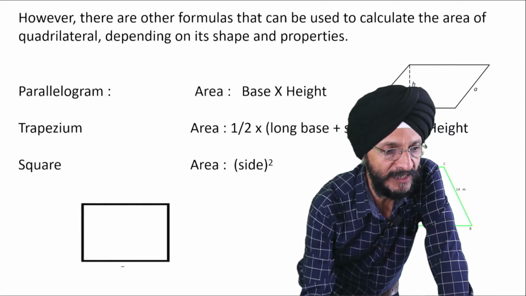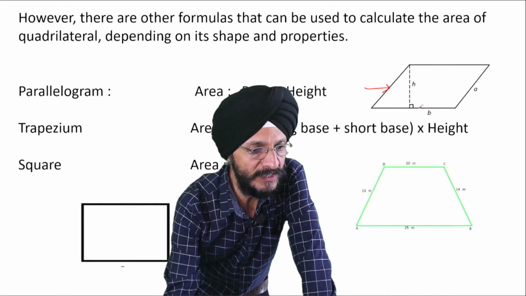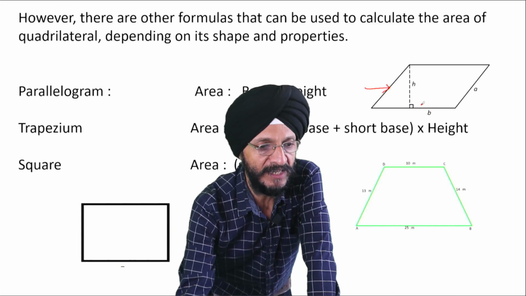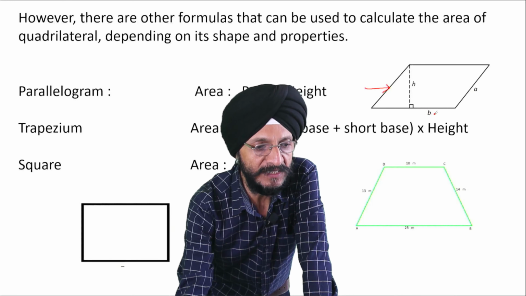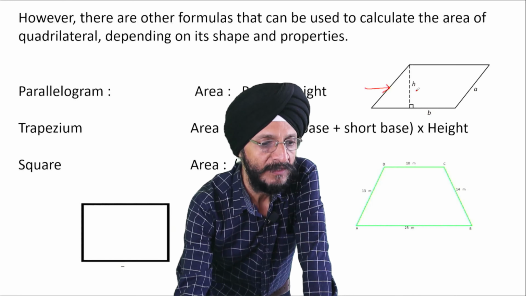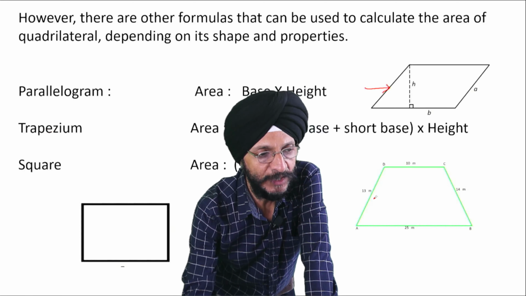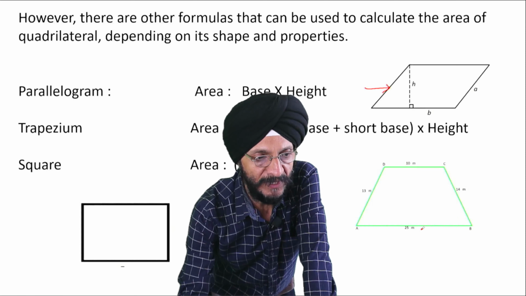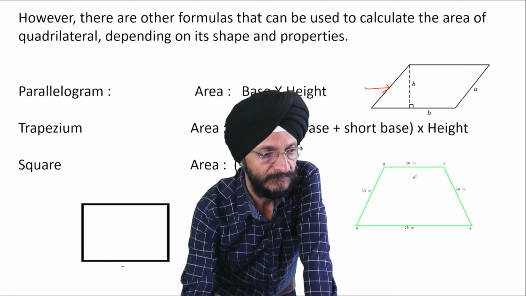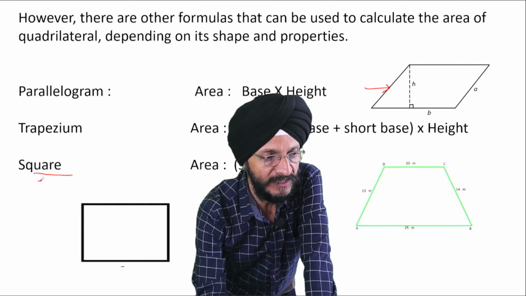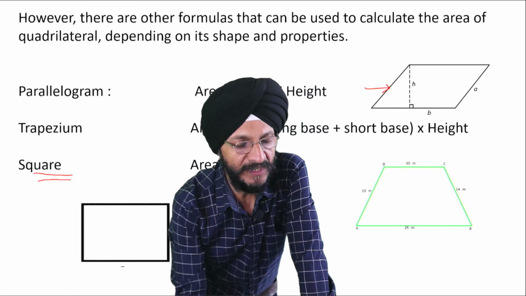For example, in case of a parallelogram, here it is a parallelogram, the area can be found out by multiplying the base with height, whereas in the case of a trapezium, area is equal to half into long base plus short base into height, whereas in the case of a square, area is equal to side square.